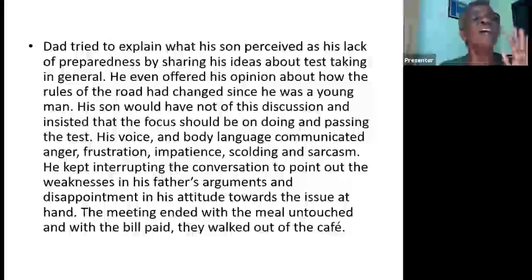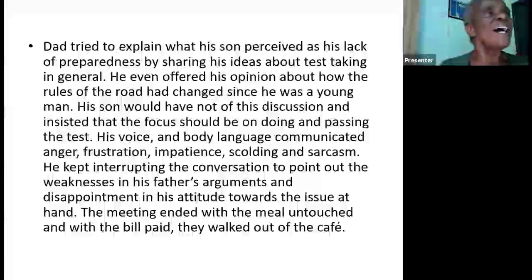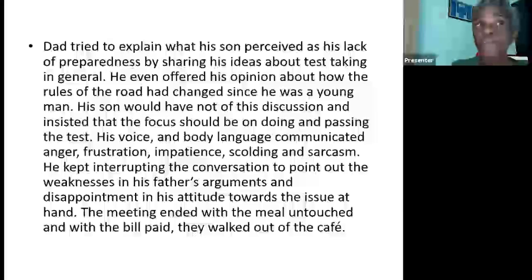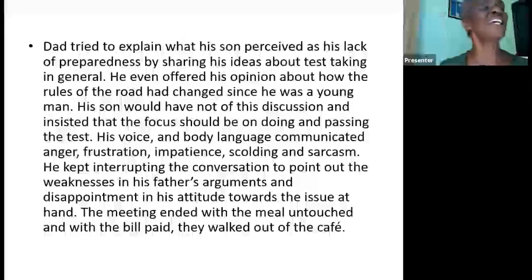But instead of dealing straight with the issue at hand, they tend to go around and tell you stories and talk about other things and do everything except giving you the answers that you need. And of course, we get upset. Of course, we are concerned because we need to move on. We are in haste.